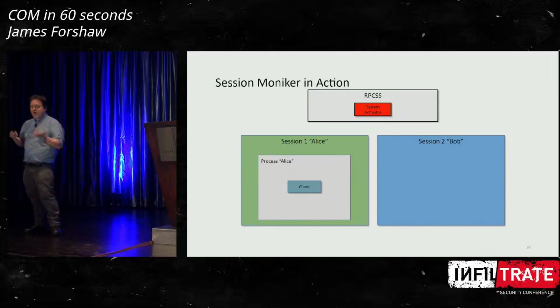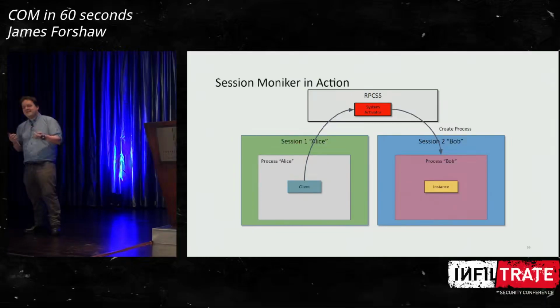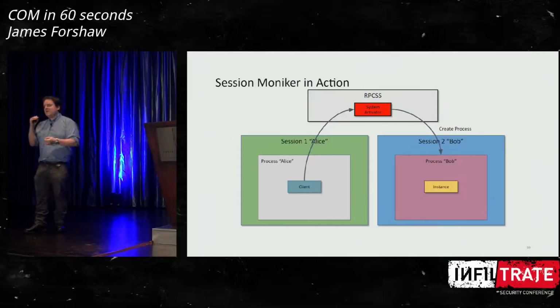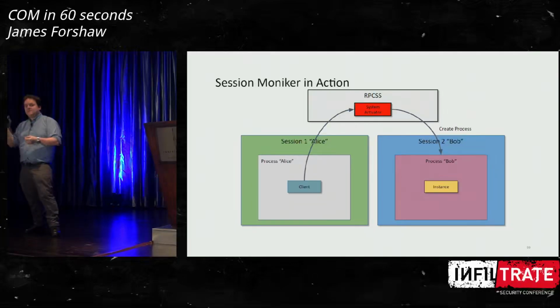Say, for example, Alice is running in session 1 on a server and Bob is running in session 2. Alice can talk to RPCSS and say, hey, can you activate me this COM object in session 2? And RPCSS, rather than saying, well, you're not an administrator, so no, goes, sure, why not? I'll create you an object in session 2. Now, you can only create interactive user objects, so the ultimate result is that the object gets created as Bob in that session.